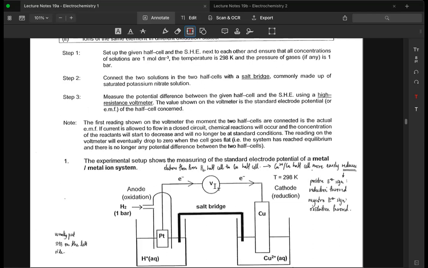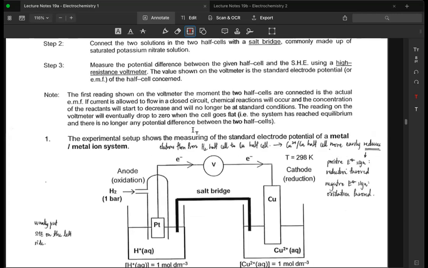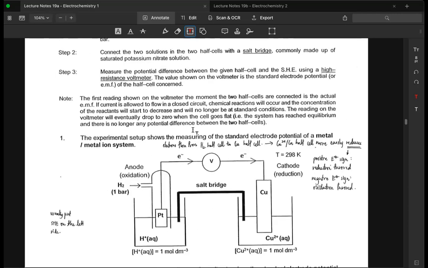So you have a voltmeter in between the two half cells. You measure the PD, and then you take the reading as the EMF of these cells. The first reading shown on the voltmeter, the moment the two half cells are connected, is the actual EMF.